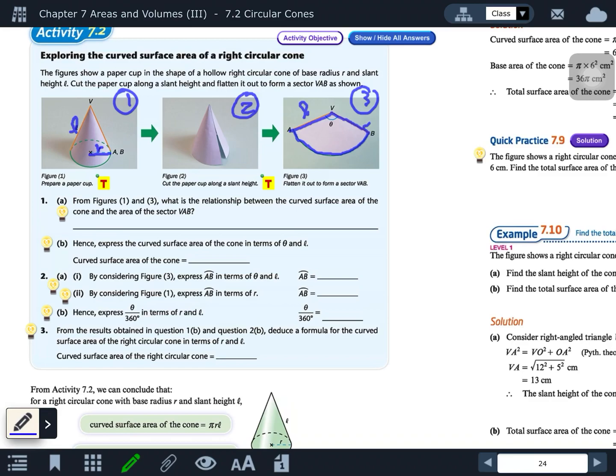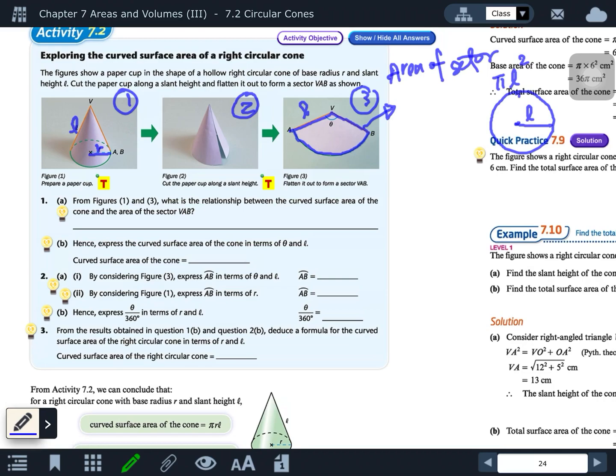So now we calculate the area of the sector first. Remember, how can we calculate this kind of sector? For the whole circle we have an area of pi r squared, but right here the radius is L, so pi L squared for the whole circle in this case.